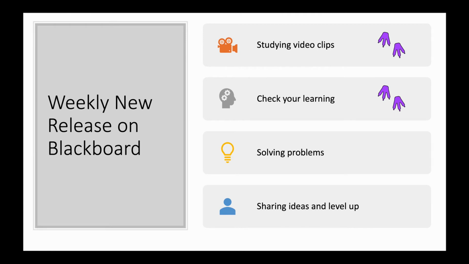And after that, we have occasional assignments which allow you to apply what you've learned in class to solve some actual problems. And finally, we have office hours for you to share ideas and check where you are in the learning process. Then we level up and move on to the next week. This is the weekly cycle we go through.